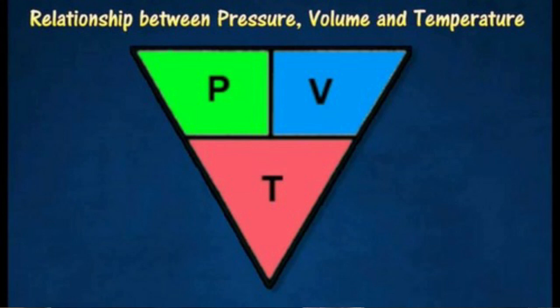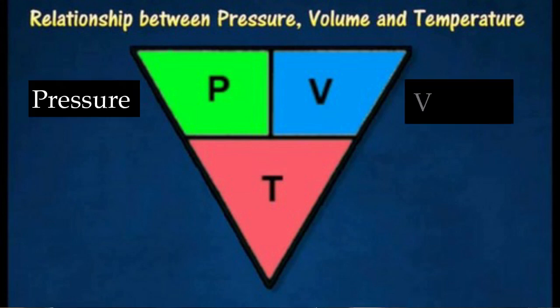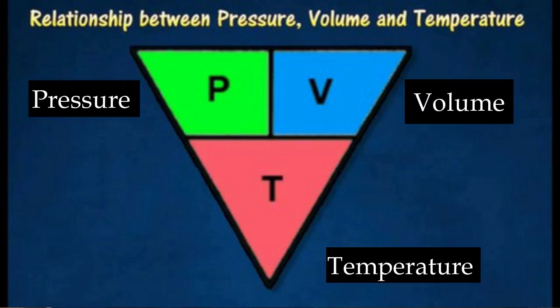As we have seen, gases have different variables: a certain pressure, a certain volume and a certain temperature. Boyle's law states that when we keep the temperature constant, the pressure is inversely proportional to the volume.